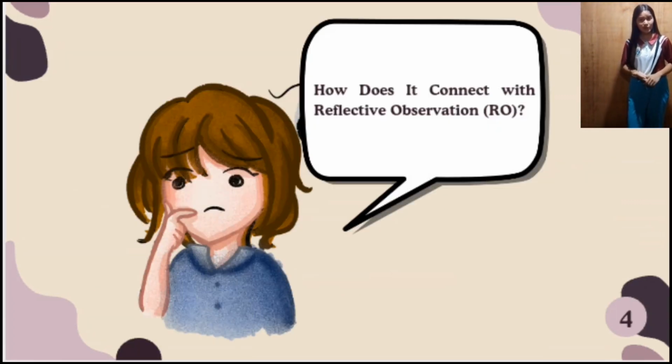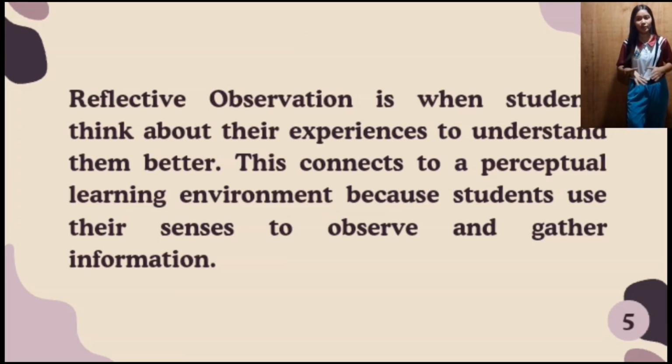So how does it connect with reflective observation? Reflective observation is when students think about their experiences to understand them better. This connects to a perceptual learning environment because students use their senses to observe and gather information. Reflecting on these observations helps students deepen their understanding because it makes the learning more meaningful.